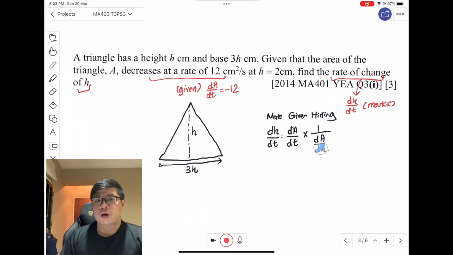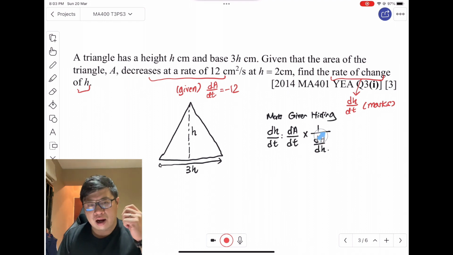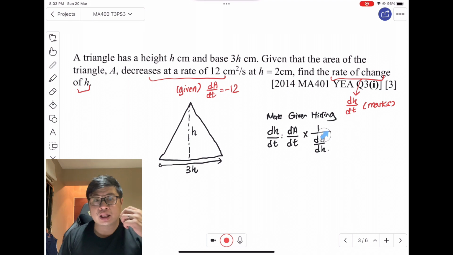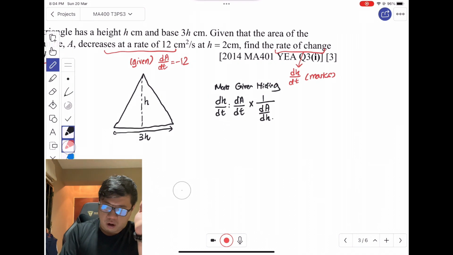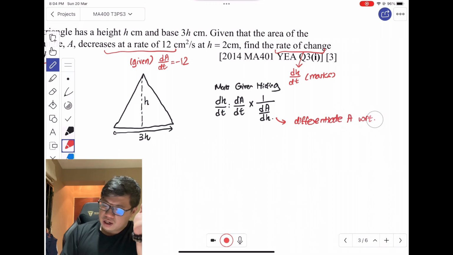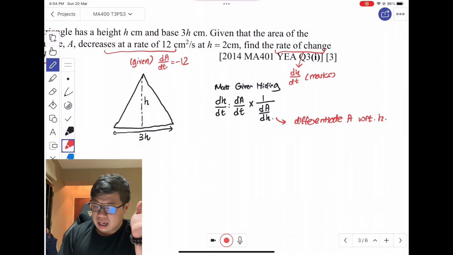So based on your experience, you know that if we are finding dA/dh, we will need to have A in terms of h, okay? In order for us to find dA/dh, we need to differentiate A with respect to h as a variable. It means that you need A as a function of h, which is not too difficult.